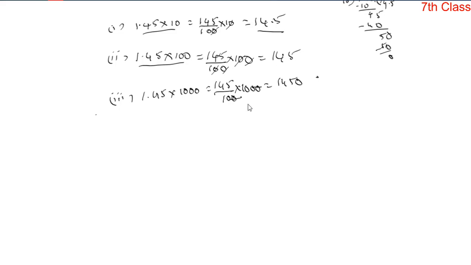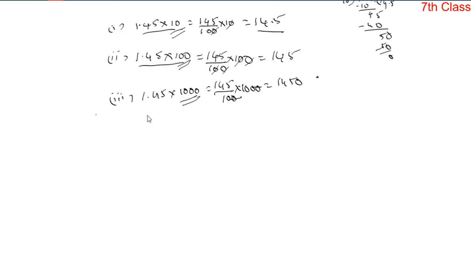Here, we are multiplying the decimal number by 10, 100, and the same decimal number by 1000. In the product, we are getting the same digits, 1, 4 and 5.